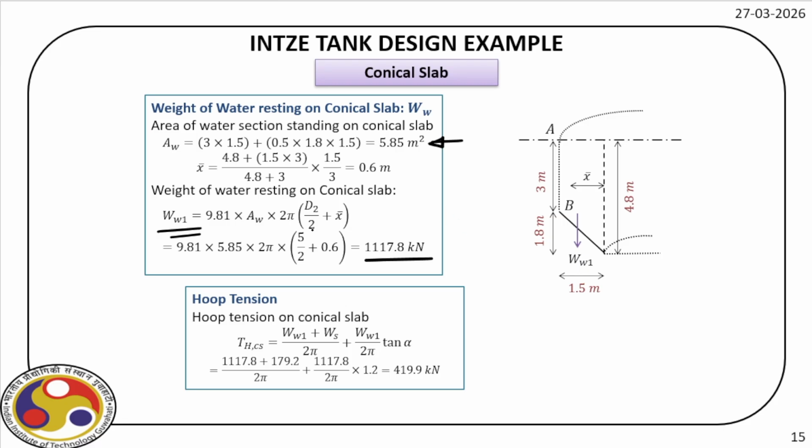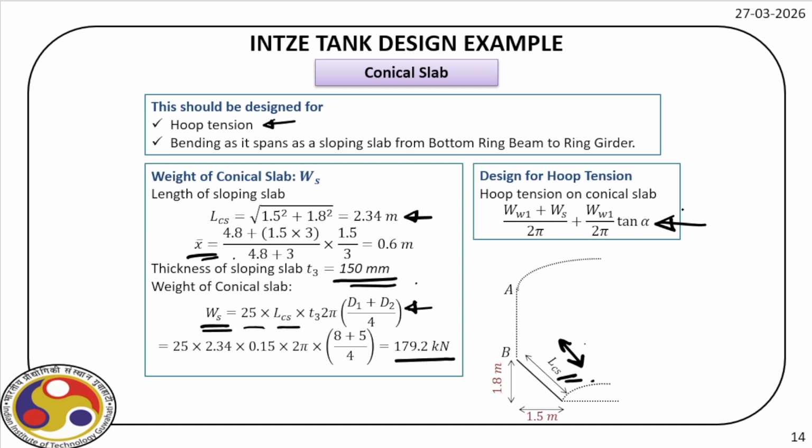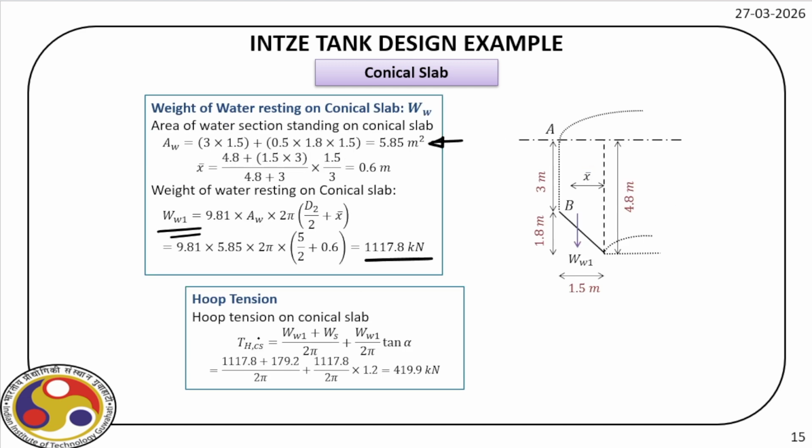Now we have to use this expression of hoop tension. We have already evaluated all the subcomponents. So now we can calculate the hoop tension on the conical slab, T H, CS. If you put all these estimated parameters, we get hoop tension as 419.9, so 420 kilonewton.